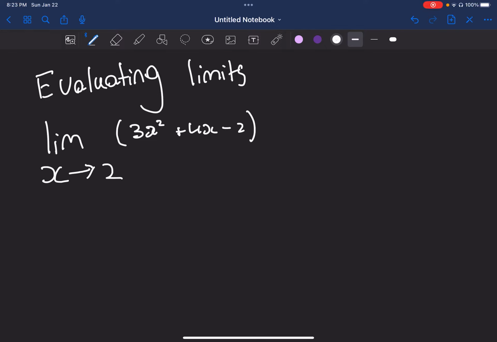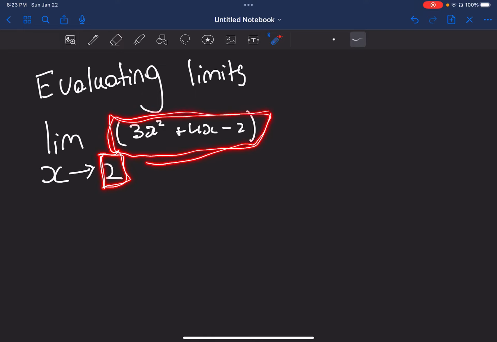So this is the way that it's denoted. This is the sign for limit, as x tends to, so we use this arrow to say as x approaches the value 2, of f of x, and this f of x will be equal to 3x squared plus 4x minus 2.